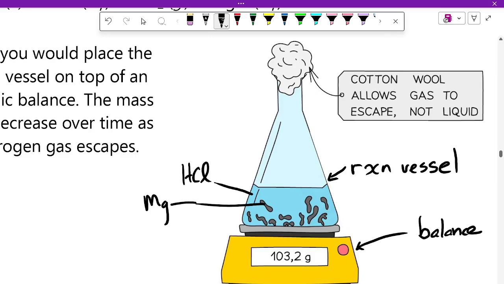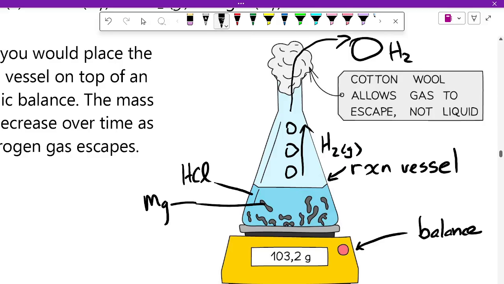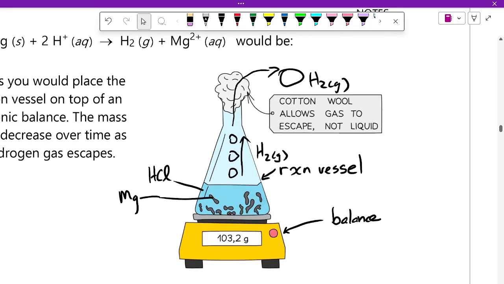And as time goes on, the hydrogen gas will escape and the mass will decrease. Because a gas can easily pass through, you know, a cotton ball, but if there's any liquid that spatters because it's making bubbles or whatever, the liquid won't escape. So that won't change the mass of anything else.